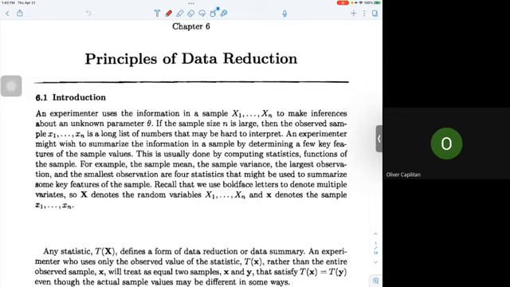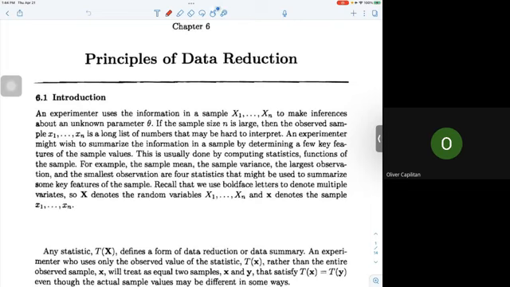So an experimenter uses the information in the sample, these finite random variables X sub 1 up to X sub n, to make inferences about an unknown population parameter, and we denote it by theta.